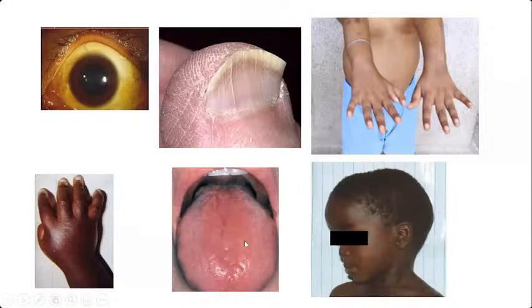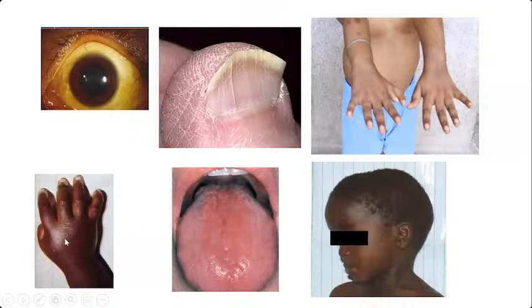Then you can see here, this tongue looks smooth and inflamed. So this is glossitis. This is a feature that you might see in iron deficiency, where the papillae, the small projections on the tongue that we expect, are absent, so that the tongue looks very smooth.